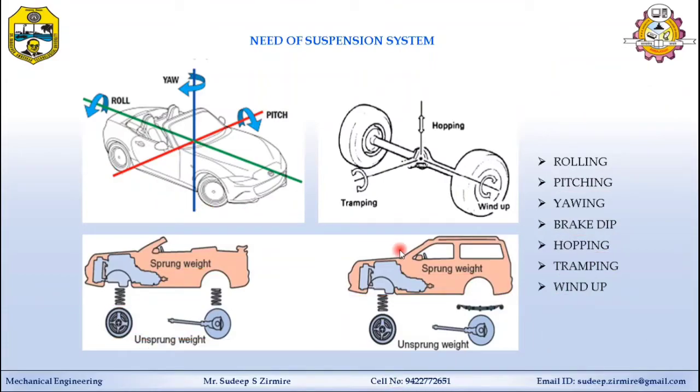The major and basic functions of the suspension system: the first function is to prevent road shock from being transmitted to the vehicle. Second, to maintain stability of the vehicle from pitching and rolling while in motion. Third, to safeguard occupants from road shocks.